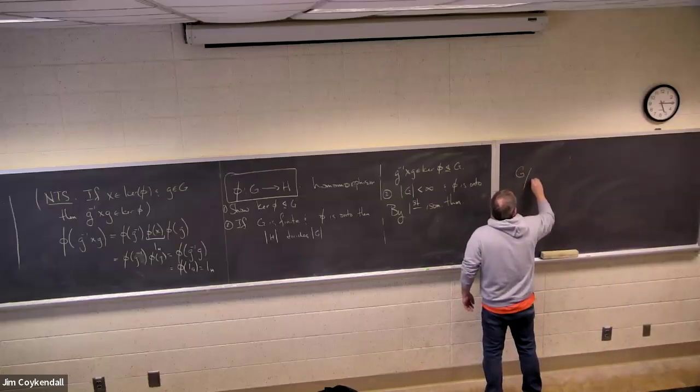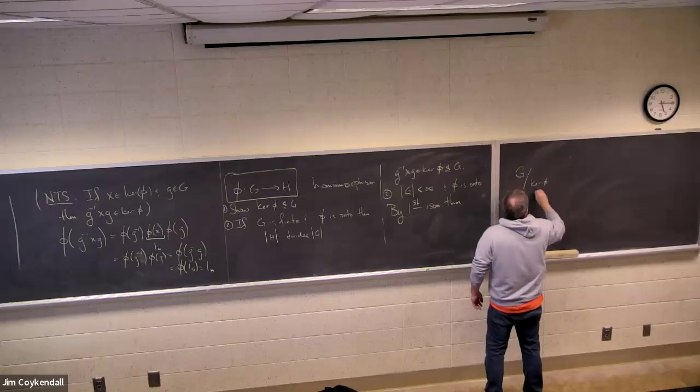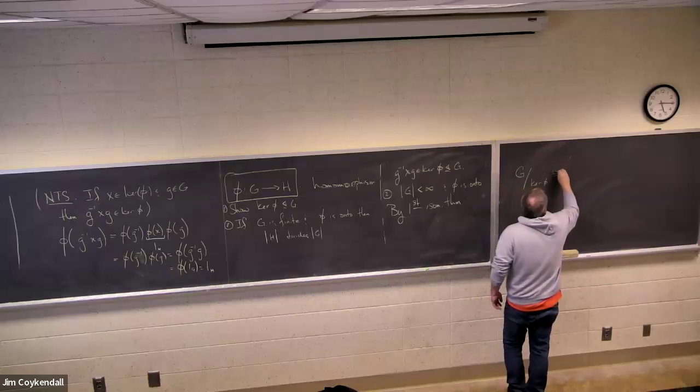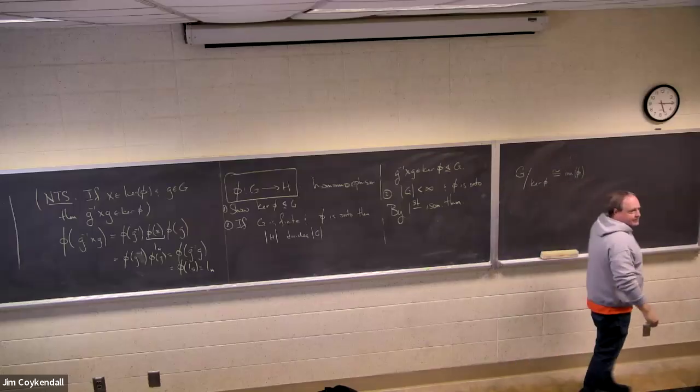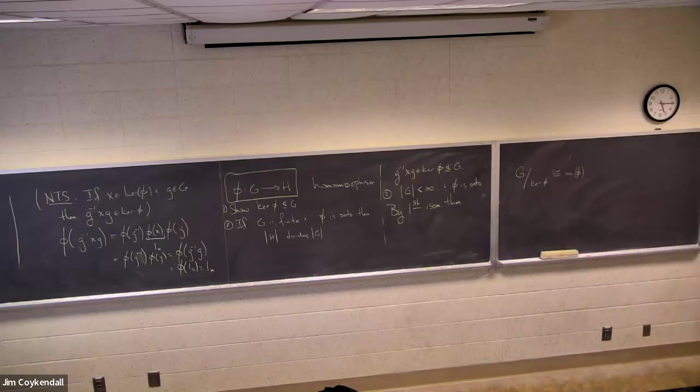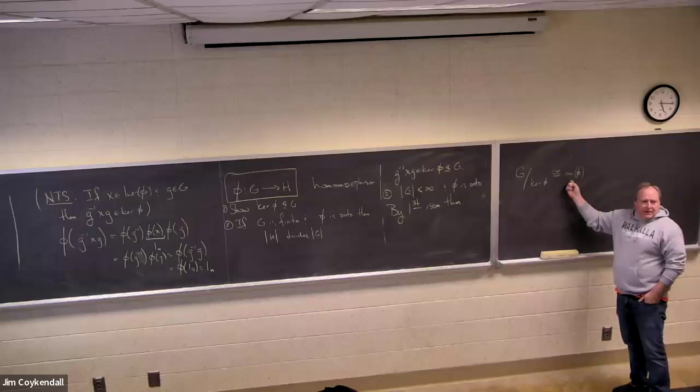G mod the kernel of phi is isomorphic to the image. Everybody stay with that? Now, what do we know about the image of phi?